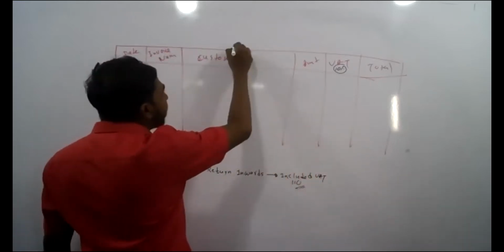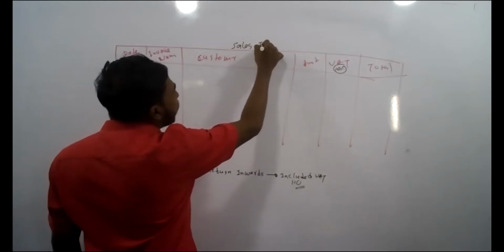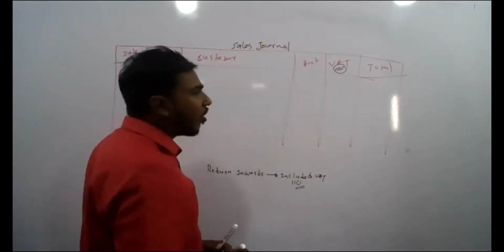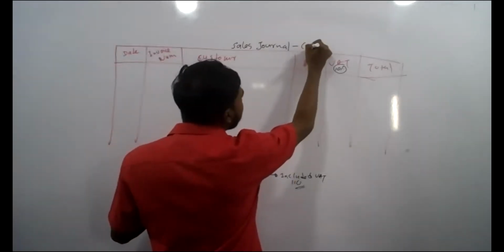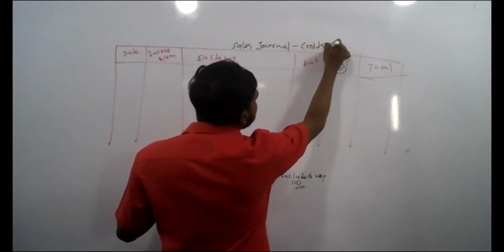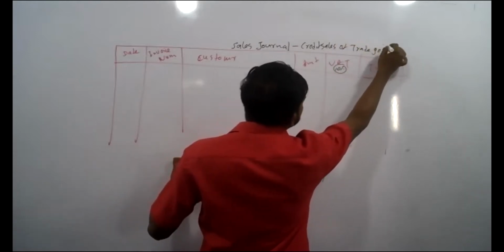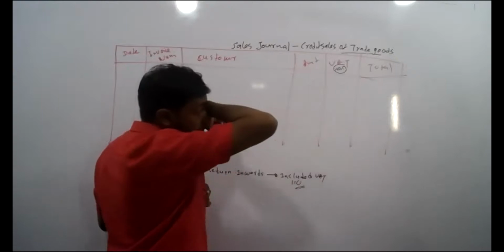You prepare the first one, the sales journal. You should know what you record in the sales journal. What do we record in the sales journal? Credit sales of trade goods. Keep in mind, it should be trade goods.